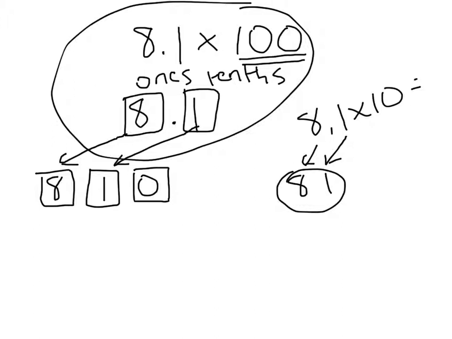So we have the number 810. Thinking about it again, we have this 8 already, and 8 times 100 is worth 800. And that 1/10 times 100 is worth 10. So our product is 810. Comparing that to our other answer over here, 8.1 times 10 was 81. We have 810 here.